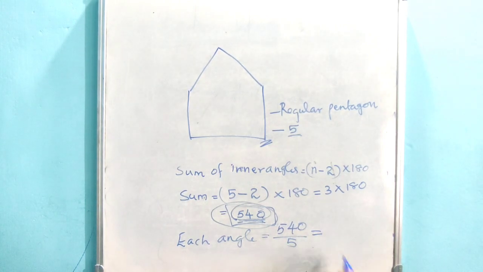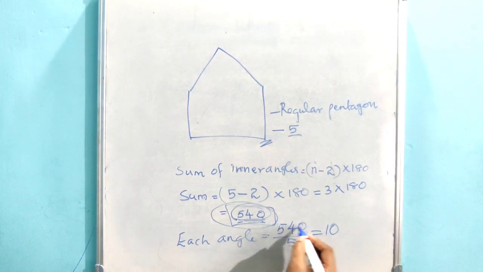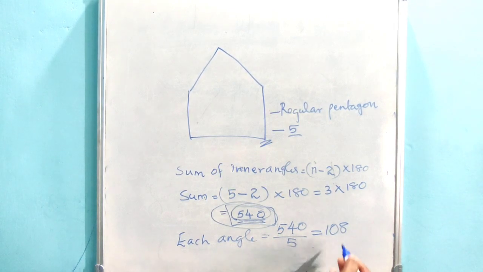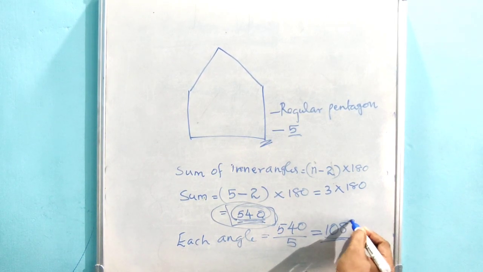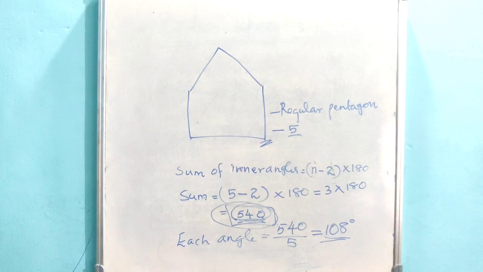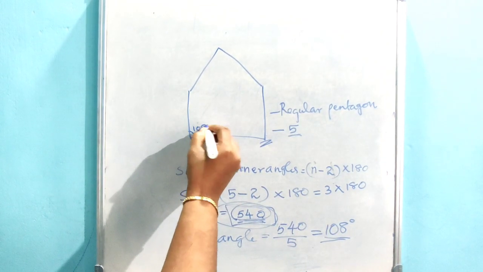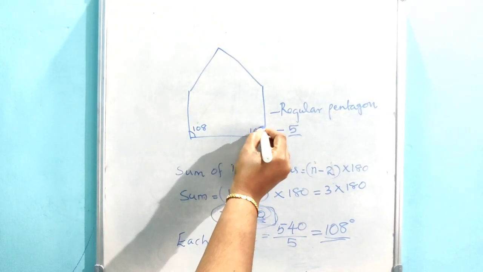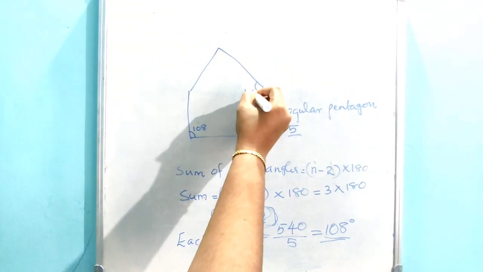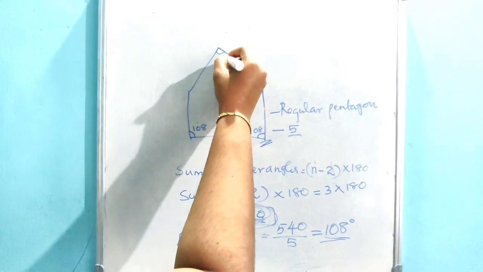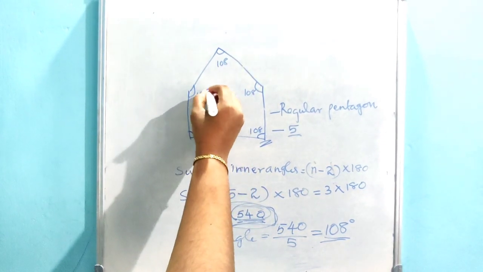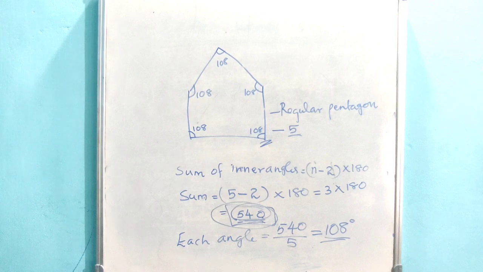What is 540 divided by 5? That is 108. So each inner angle of a regular pentagon is 108 degrees.